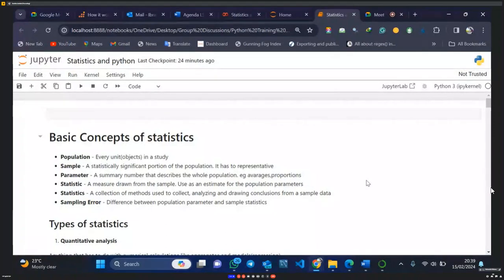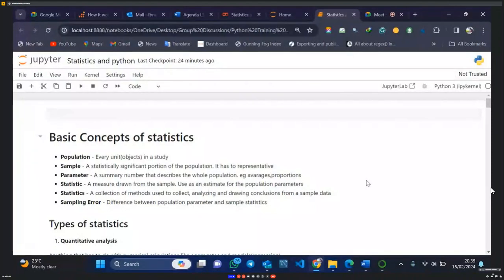One of the examples that I can share is that we do have some survey firms in Kenya that do surveys on even who will win the elections or something that is going on. Because they cannot ask each and every Kenyan, they usually do a sample. They just pick a sample, maybe from each and every county within Kenya.